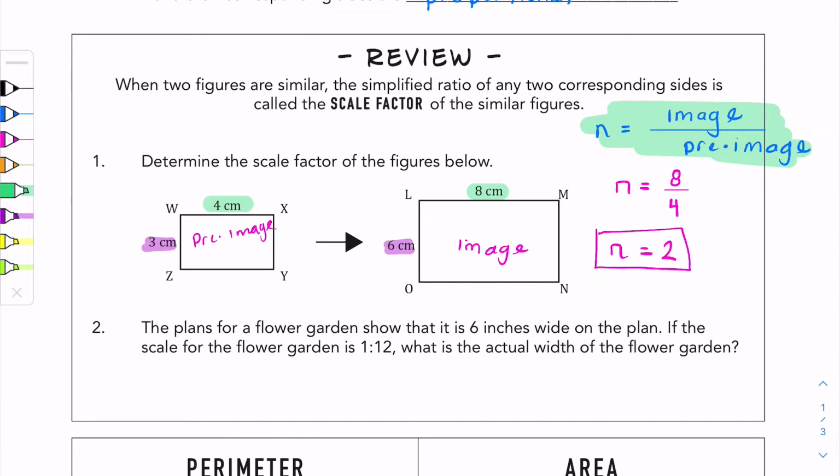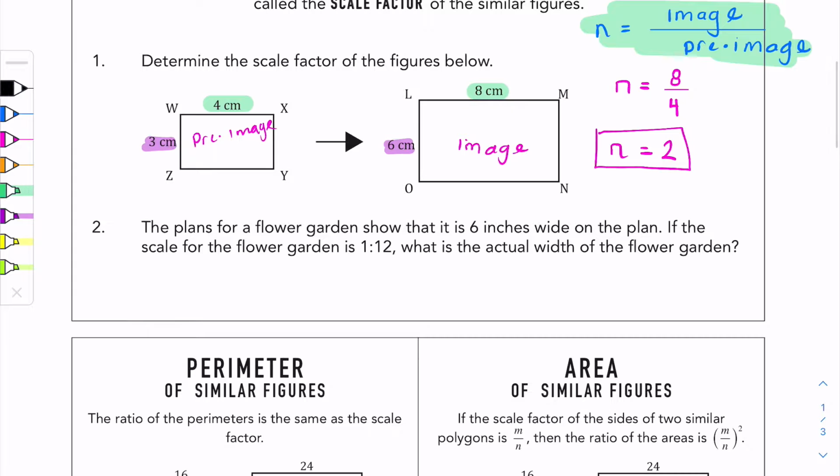Okay, number 2 in the review section says, the plans for a flower garden show that it is 6 inches wide on the plan. If the scale factor for the flower garden is 1 to 12, what is the actual width of the flower garden? If you remember doing problems like this before, these problems require you to write a proportion in fractional form.